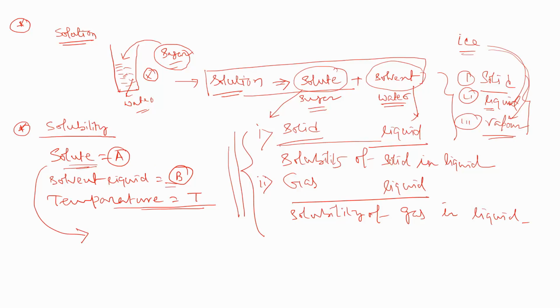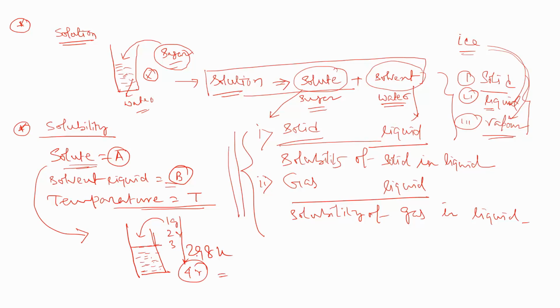Suppose the temperature is 298 Kelvin. There is a glass of water, and this is the water level. I first add 1 gram of sugar. It is soluble. 2 grams of sugar, it is also soluble. Then 3 grams of sugar, it is also soluble. But when I add the 4th gram of sugar, it is not soluble.